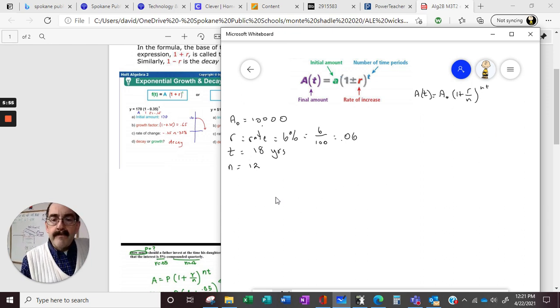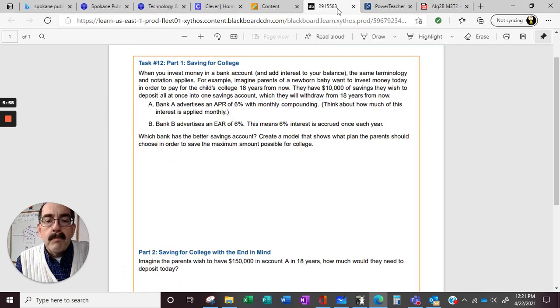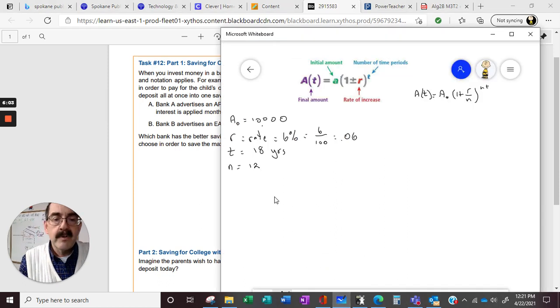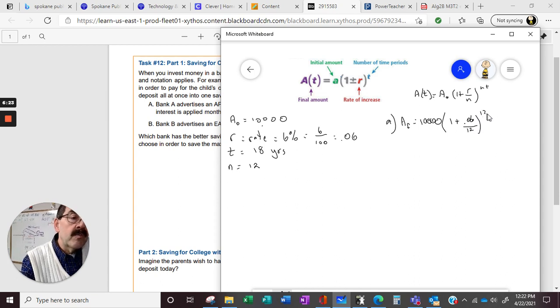to the nt. Alright, so in problem A, compounded monthly, how much would we have? So A, the final value of money is going to be $10,000 times 1 plus r, 0.06, monthly, divide by 12, to the 12 times 18, right? 12 months, 18 years, that's how many payment periods there's going to be.